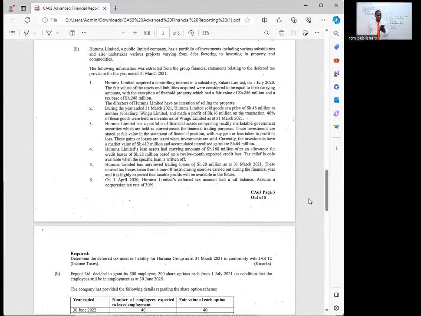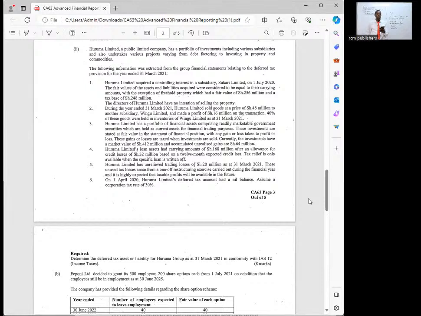Huruma Limited has unrelieved trading losses of 20 million as at 1st March 2021. These unused tax losses arose from the one-off restructuring exercise carried out during the financial year, and it's highly expected that taxable profit will be available in future.